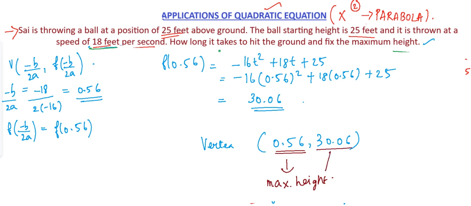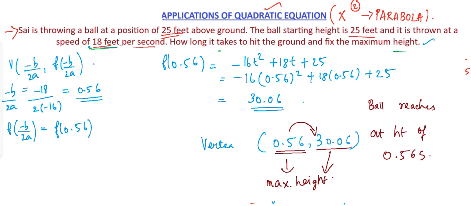So 30.06 is the maximum height and 0.56 represents the time to reach the maximum height. The ball reaches its maximum height 0.56 seconds after it is thrown. And what is the maximum height? The maximum height is 30.06.